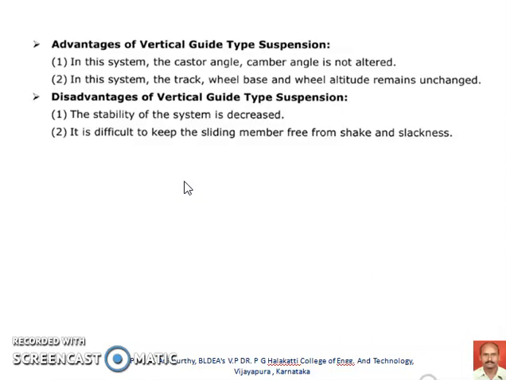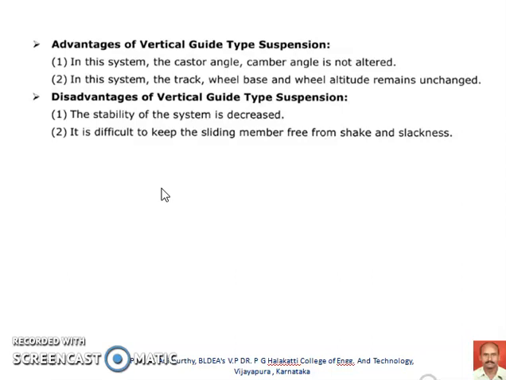So the basic disadvantage of this vertical system is that the stability of the system is decreased. So this is not so rigid a system where the stability can be maintained. The stability is decreased, and it is difficult to keep the sliding member free from shake and slackness.